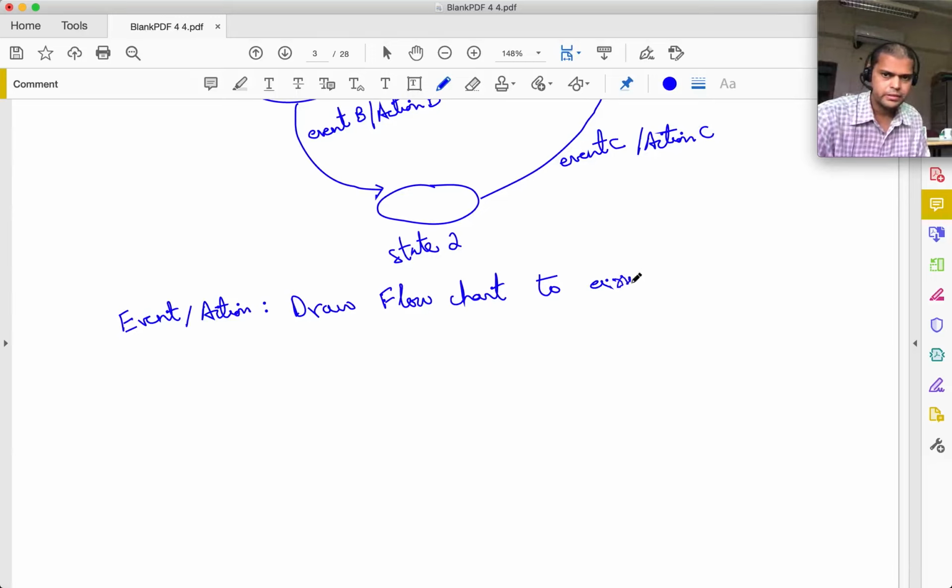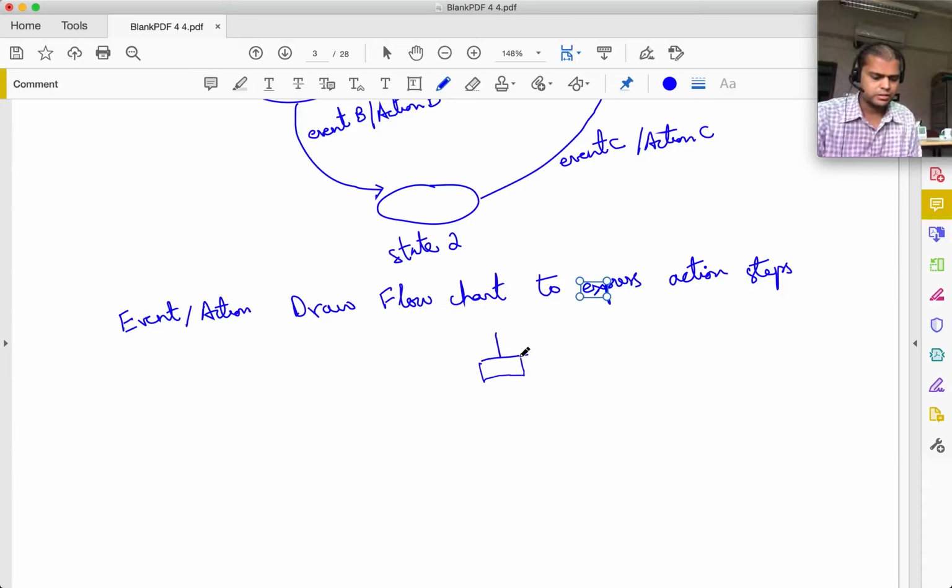So we will express all the actions to be taken, or the steps of the action. So there will be a typical flow chart which says what is done.